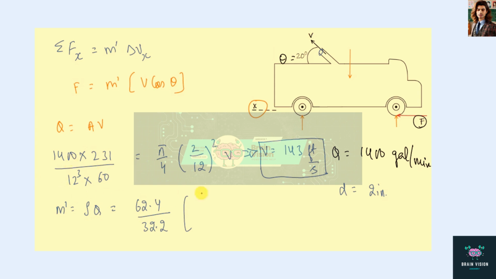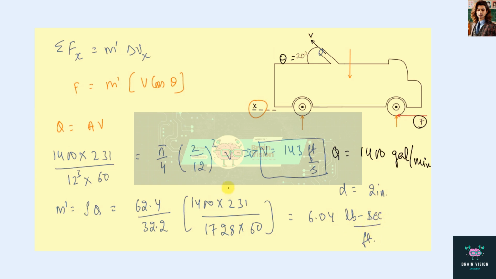We can copy paste here. So 1400 times 231 divided by 1728 times 60. This 12 cube means 1728. So we'll get m dash to be 6.04 pound second per feet.